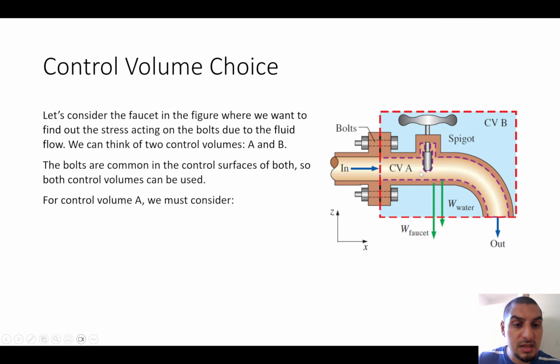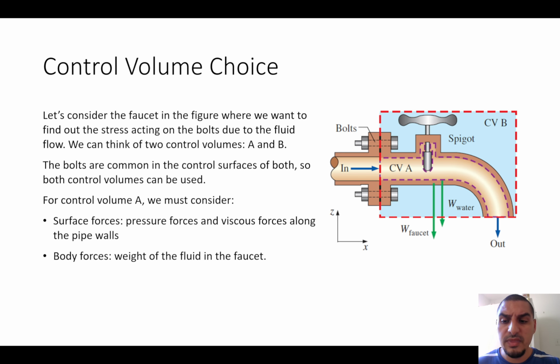But for the control volume A, we need to include the viscous forces, which is the friction between the fluid and the inner walls of the faucet. It's going to be very complicated, because in this case we need to know the geometry of the faucet from inside, the type of material that's used, and how much losses or friction we have, which is a very, very complex thing. And of course this is for the surface forces.